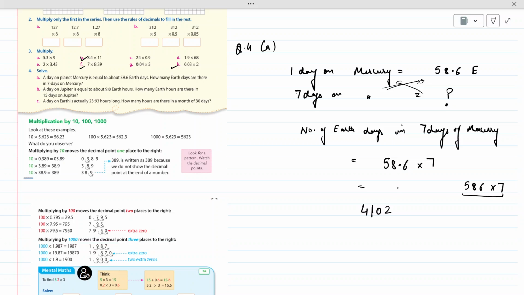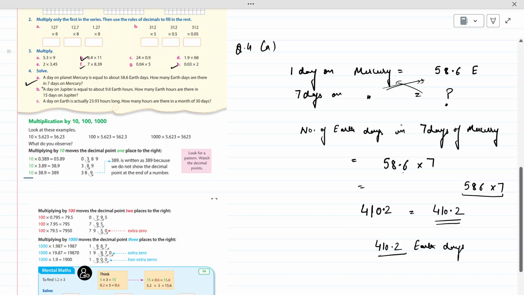Okay, and then what we have to do, just put a decimal point after one place. So our answer is 410.2. This is the answer, 410.2 Earth days. Okay, easy.